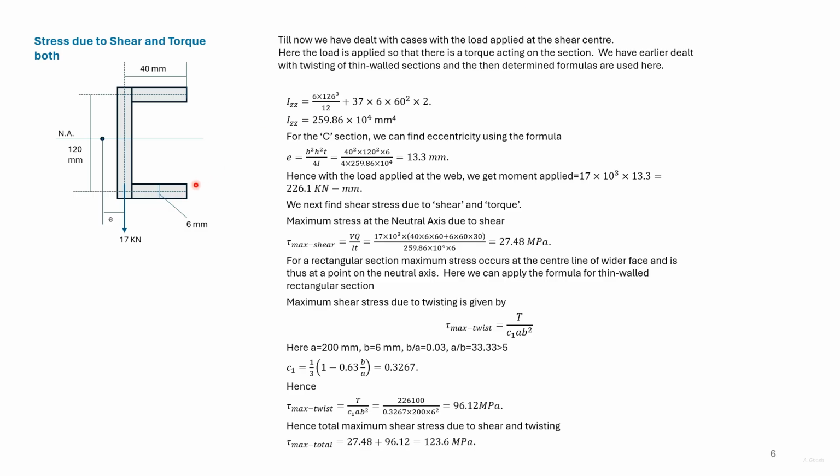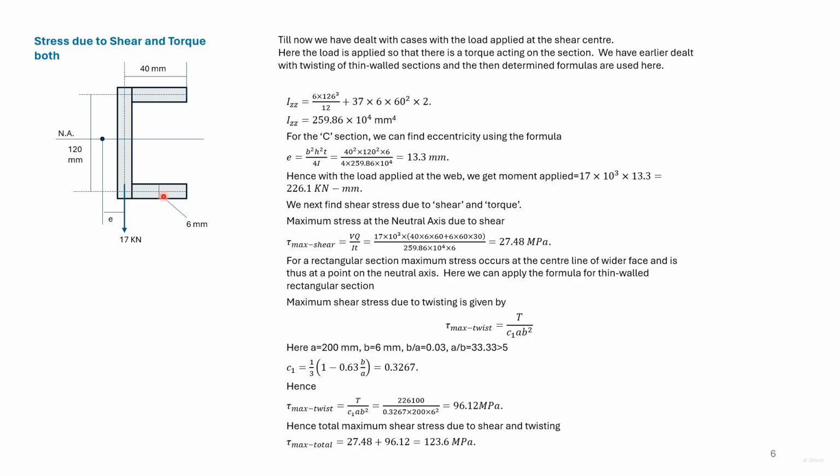We can find out the maximum shear stress acting on the section. We'll use earlier determined methods of finding stresses in thin wall sections. To start with, we find Izz of this section. We need the position of the shear center to find out the torque applied on the section.